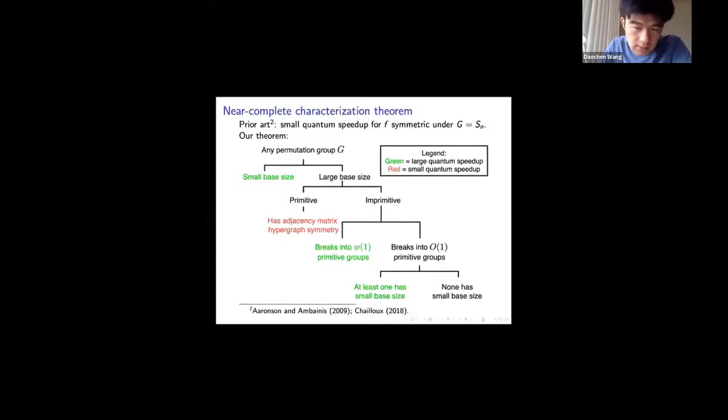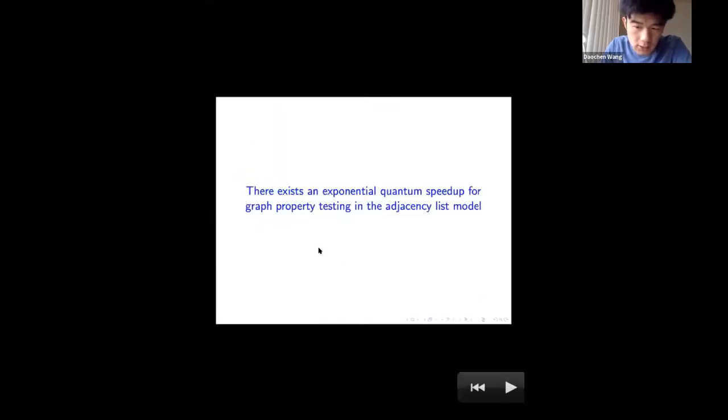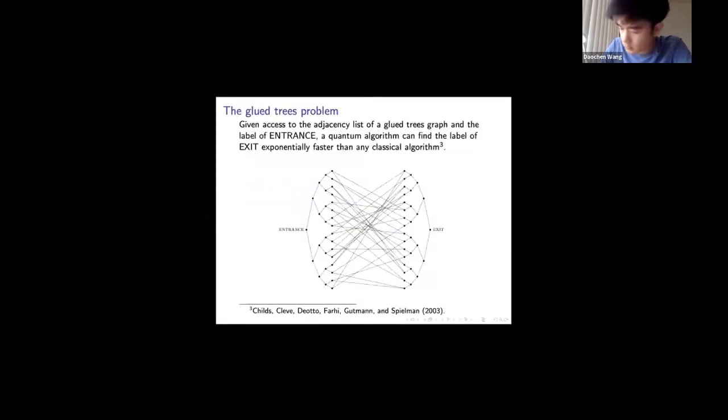I do want to stress that this result only holds in the adjacency matrix model, because we can actually construct an exponential quantum speedup for graph property testing in the adjacency list model. This construction is based on the so-called glued trees problem, where we're given access to the adjacency list of a glued trees graph and the label of its entrance.